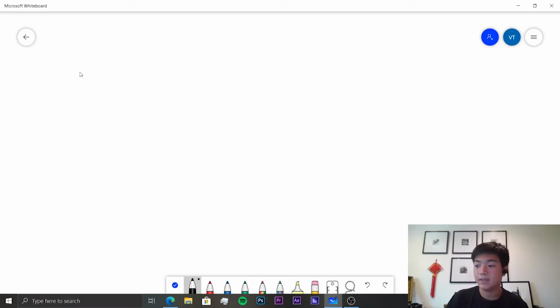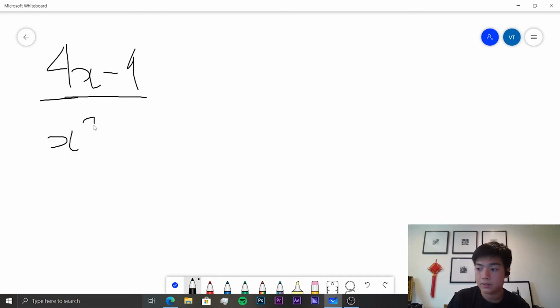We want to decompose 4x minus 9 over x squared minus 3x into partial fractions. So first we want to find out what the partial fractions are, and we know that x squared minus 3x is equal to x times x minus 3.